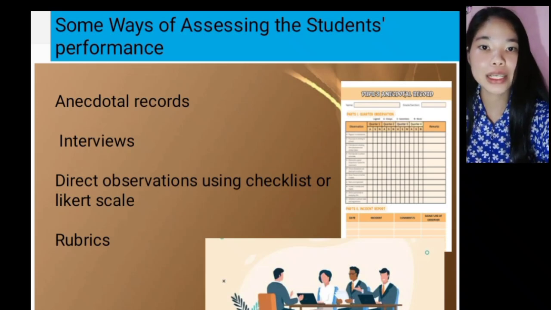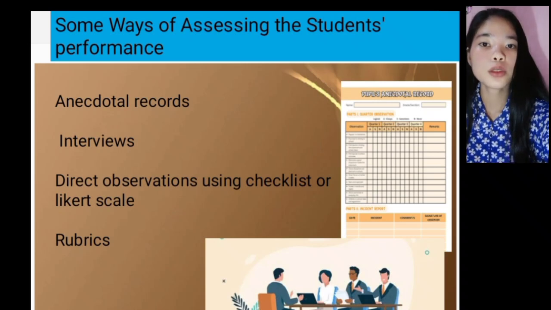Okay, for our key assessment tools, which include anecdotal records or short informal notes of students' behavior or progress. With interviews, as a teacher, we can have one-on-one conversations with our students in order to gather information about their understanding to diagnose their strengths and weaknesses.